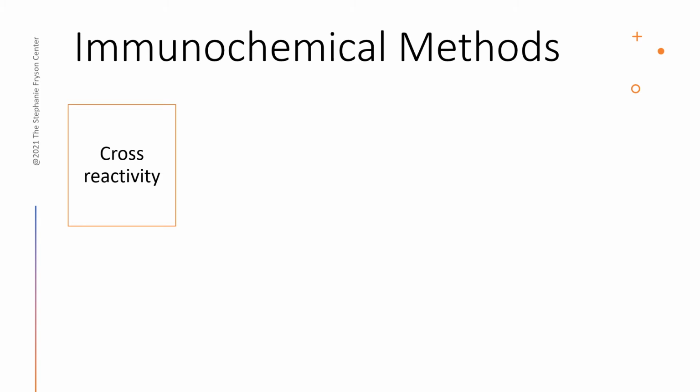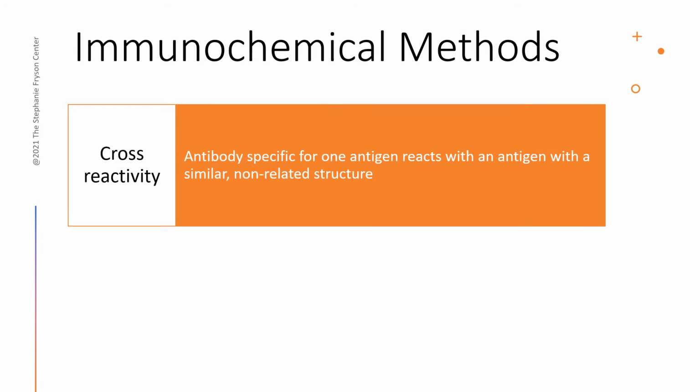There's another problem with immunochemical methods, and that is cross-reactivity. Cross-reactivity means the antibody is specific for one antigen, but it reacts with an antigen with a similar, non-related structure. Back to my twins. My twin nephews, they are identical. If you saw them in the street from a distance, you might run and hug Nigel thinking he's Nasir.